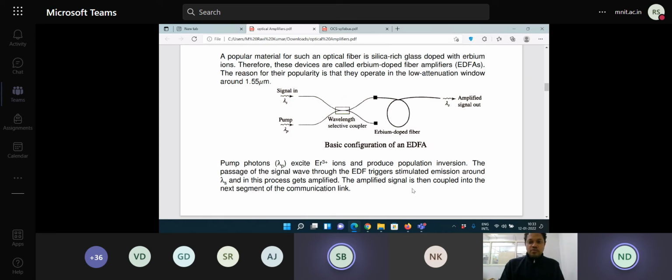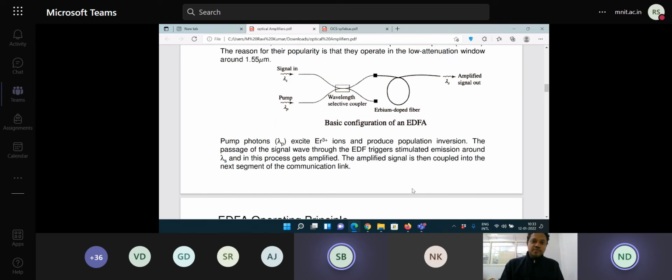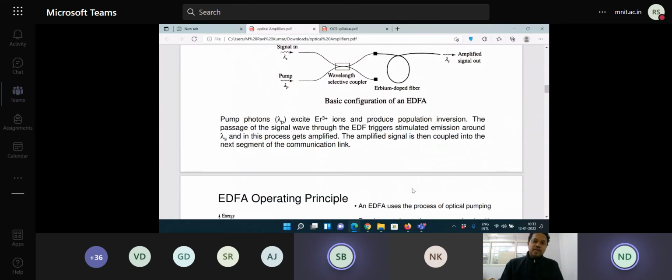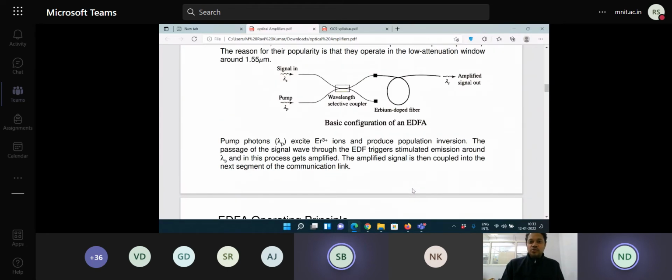So this is a simple setup, but it is slightly more complicated than what is shown here, because even if most of the power from lambda p is transferred to lambda s, some of the power in lambda p remains at this point.